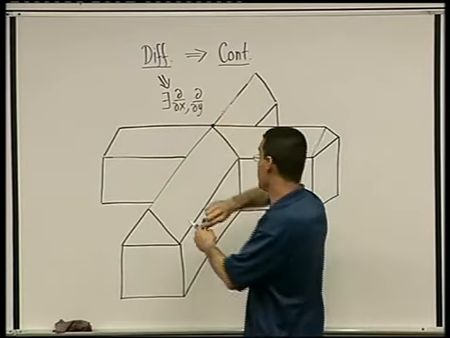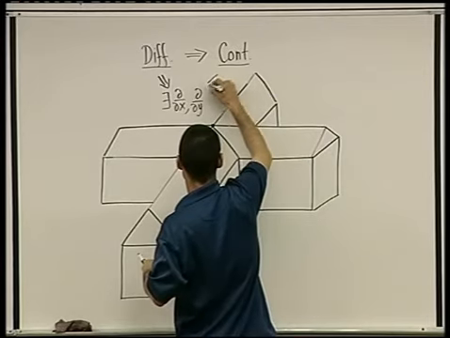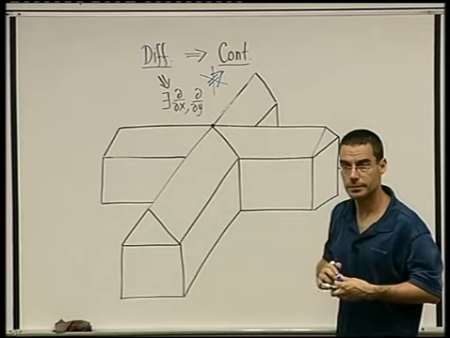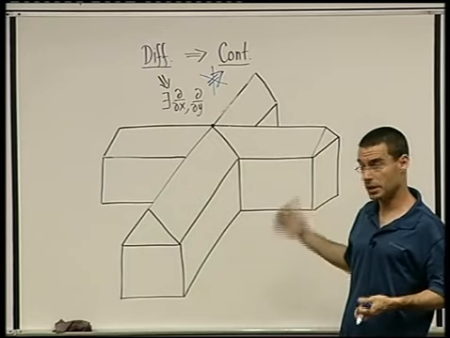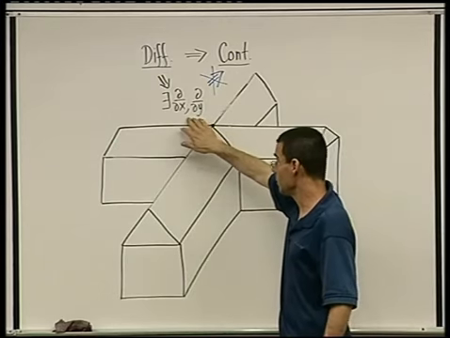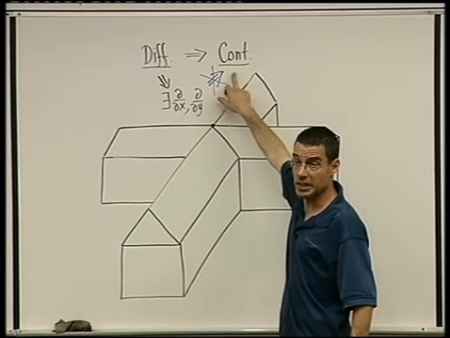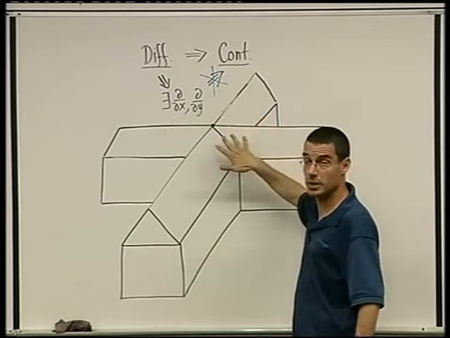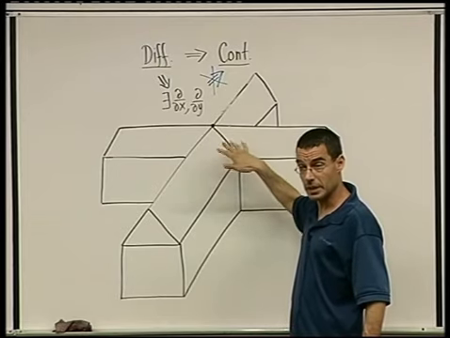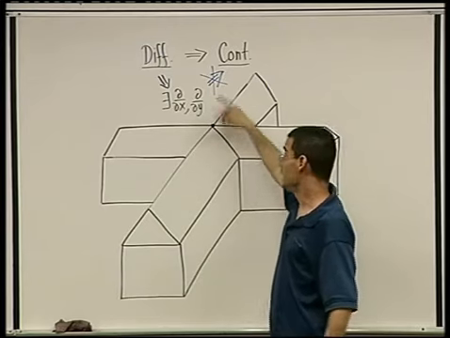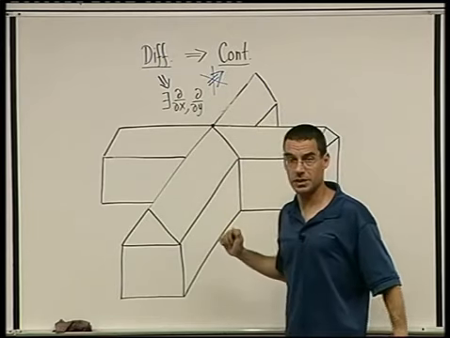An example for this being false we just saw a few minutes ago, where partials exist, but the function is not even continuous. In this drawing, at least, the function is continuous. In the example that we saw, it's not continuous even.